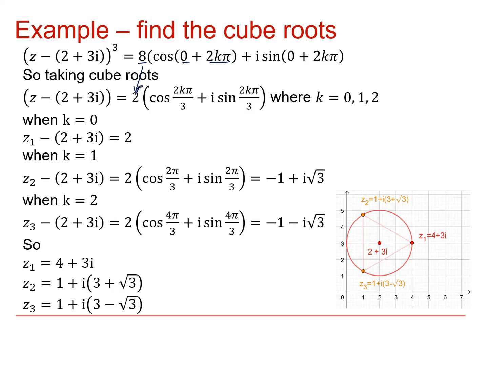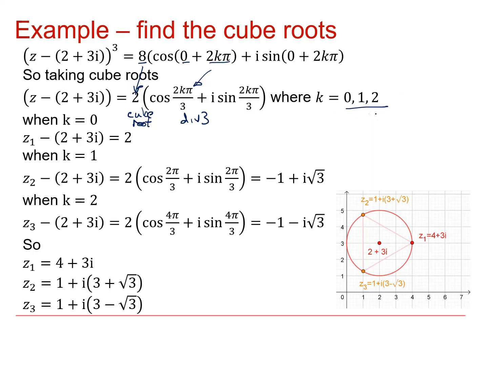That's a cube root for the modulus, and the argument has been divided by 3. We allow k to be 0, 1 or 2. We know there are only 3 roots for this.